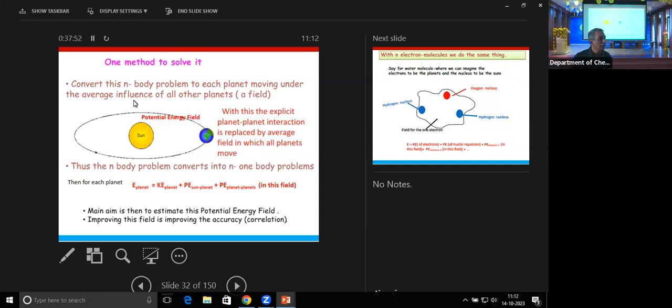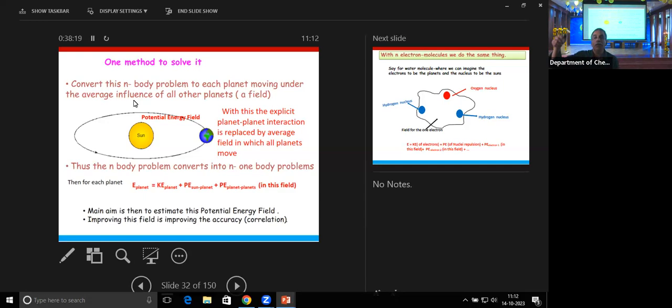Instead of taking into consideration A interacting with B, B interacting with C, A interacting with C, multiple things, we say there's a field. Okay? And what is that? That is the average field of a particular planet moving around the sun. So now the n-body problem converts into n one-body problems.